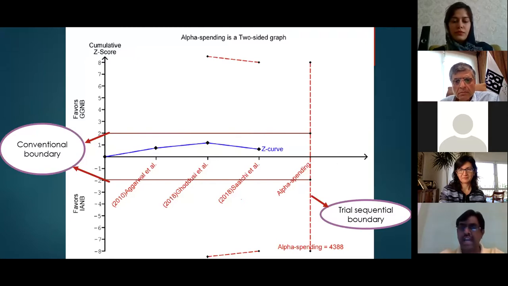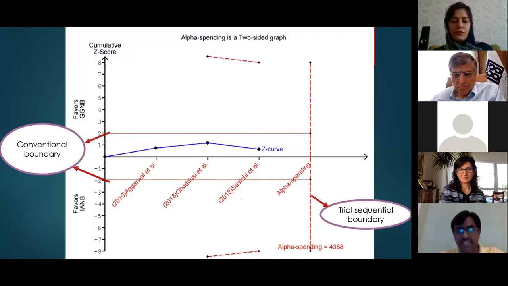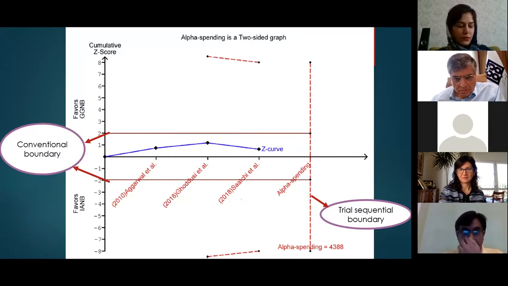For example, you have 3 studies. One study has 20 patients, another study has 10 patients, another study has 5 patients. The advantage of meta-analysis is I am combining these 35 patients, and I am giving my result.